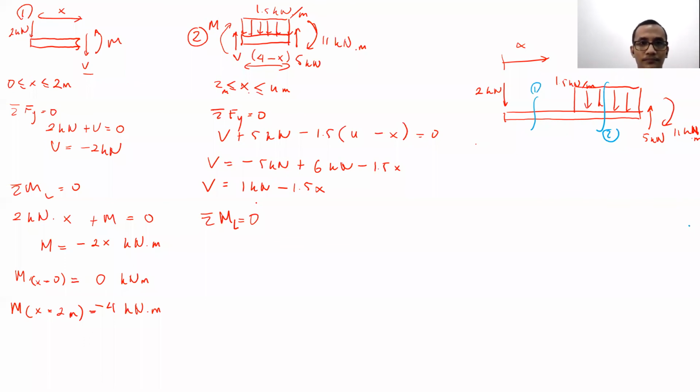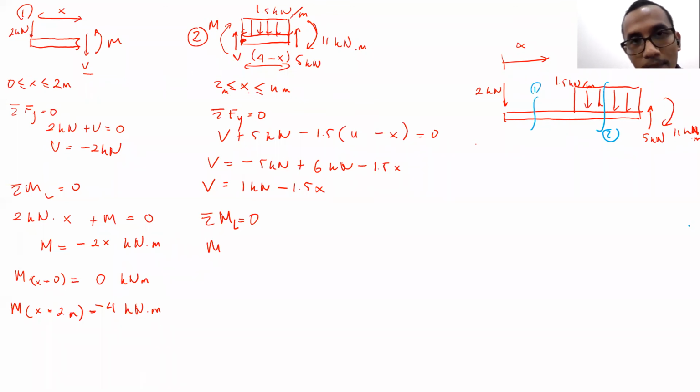What do you have there? M, then what else? M clockwise positive and V, oh no, 5, because it's from the left side, so from here.